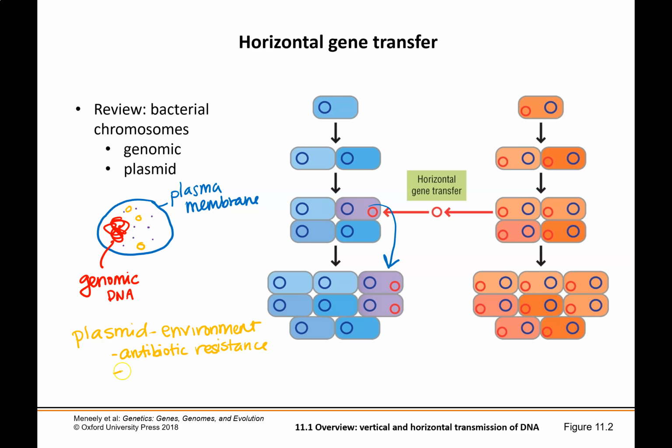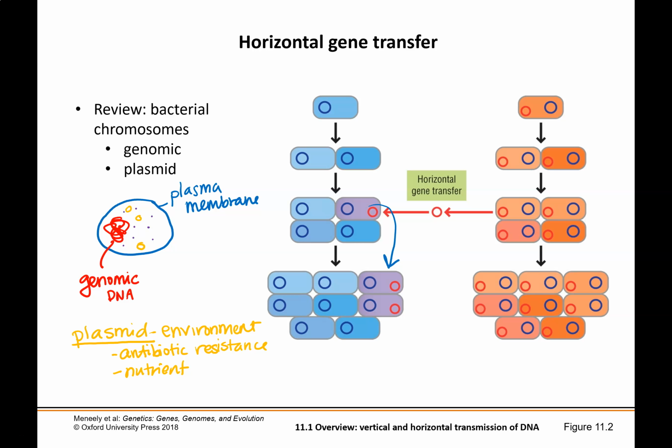It might be the ability to utilize a particular nutrient in the environment or to deal with some sort of stress within the environment. Now, if the organism is not using these, it's not beneficial for the cell to maintain them, to replicate them, and so they can be lost as well. But they can also be transferred horizontally.